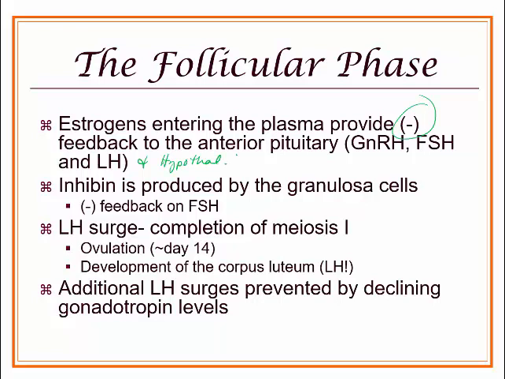Okay. Inhibin is going to be a negative feedback to the anterior pituitary only and inhibits the release of follicle stimulating hormone. But then as that follicle grows, we get a lot of estrogen, which causes the FSH spike and the LH surge.